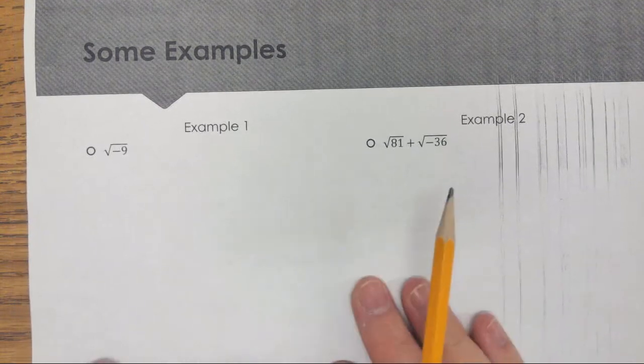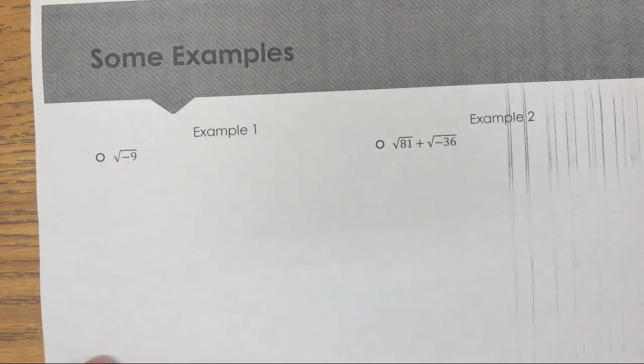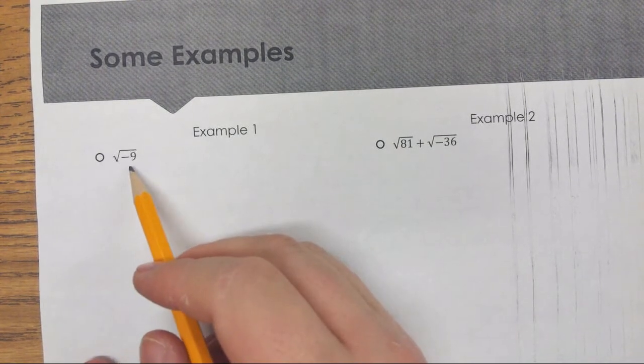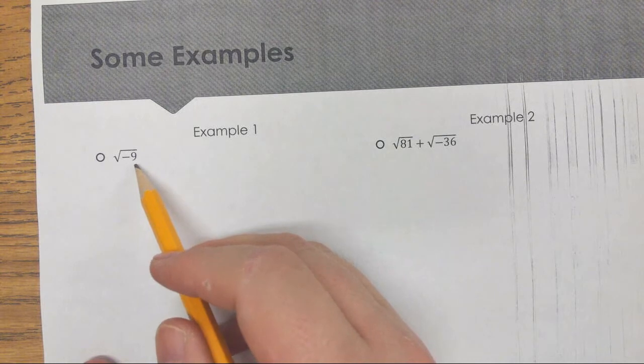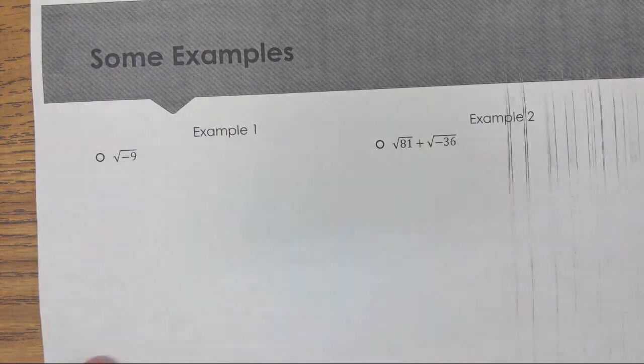So I've got the square root of negative 9. Well, if it was the square root of 9, we would know how to deal with that. It would just be 3 because 9 is a perfect square. But because there's a negative under here, it makes it slightly more difficult.